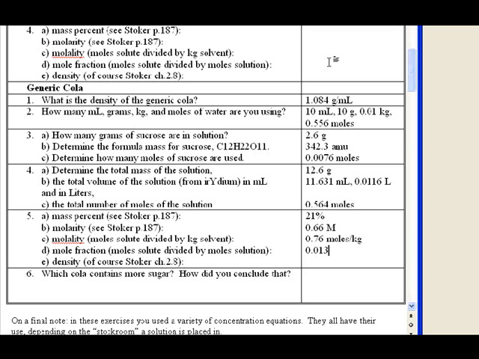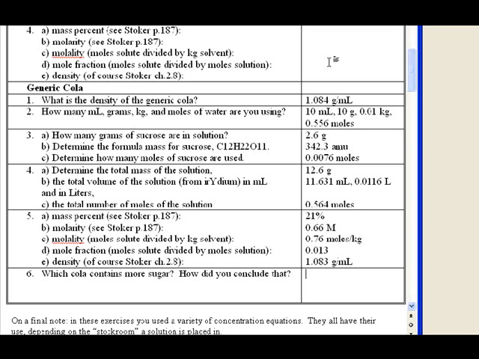No units on this one because moles were divided by moles. The density, well, that's what we determined in milliliters. It was 1.083 grams per milliliter, which matched the generic cola anyway.